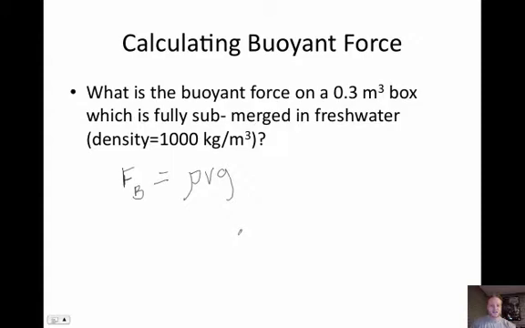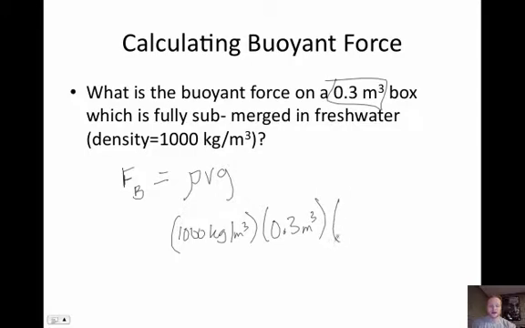And I'm just going to start plugging numbers in to find out the buoyant force. So rho is 1,000 kilograms per meter cubed times the volume displaced. This box has a volume of 0.3 meters cubed, and it's fully submerged, the box is under the water. Times the gravity on Earth, which is 9.8 meters per second squared.